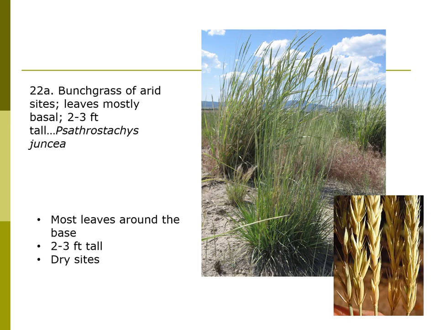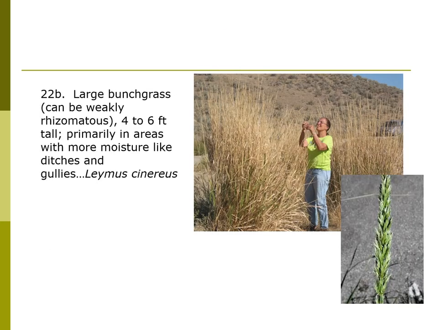These are used in very dry restoration sites and in fire breaks and other applications in the arid countries. If you've got a wildrye that's a bunchgrass and it's quite a bit taller, 4 to 6 feet tall, and sometimes in more moist areas, then you've probably got basin wildrye, Leymus cinereus.